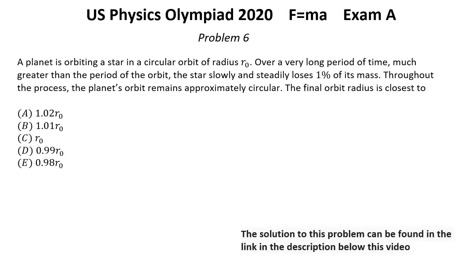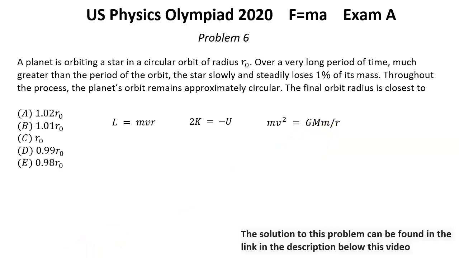The angular momentum equal to mvr is conserved. Moreover, since the orbit is always circular, the kinetic energy and potential energy are related by 2K equals negative U. It means that mv squared equals G M m over r, where M is the mass of the star.